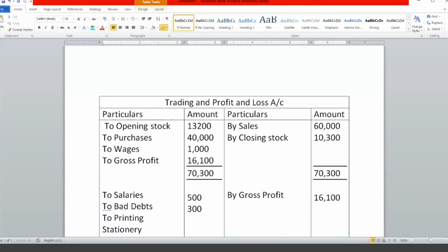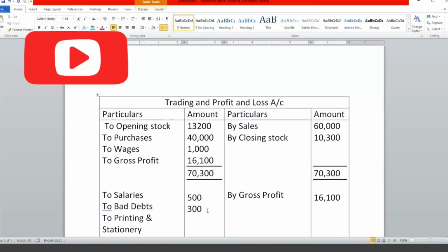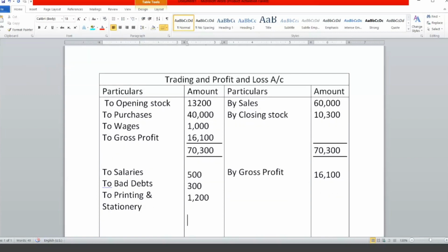So printing and stationery, what is the amount? It is 1,200. After that, wages already done. To postage is there. How much? 800. To postage 800.